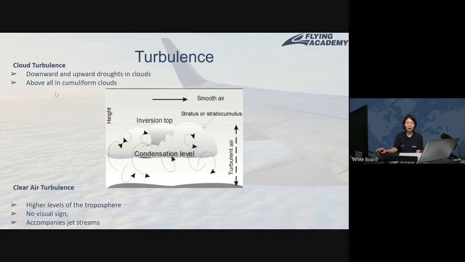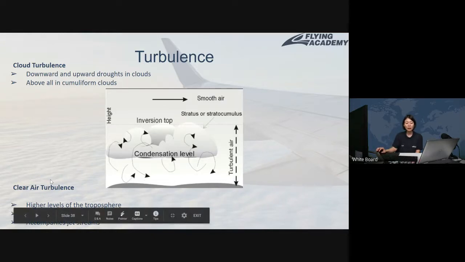And clear air turbulence is going to be in the higher level of the troposphere, which is what I talked about before, the jet streams. And there's no visual sign, because this one is basically happening when two different air masses are hitting each other. So it doesn't have much visual sign, and it is too high to have any cloud as well. It comes with the jet stream.